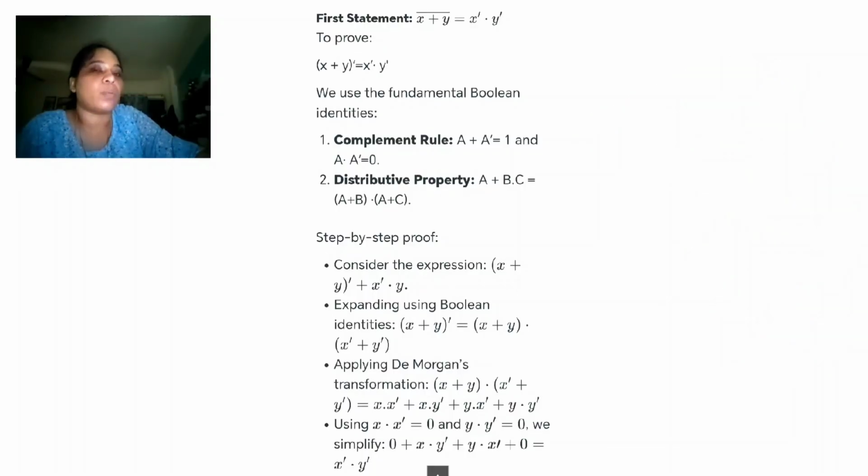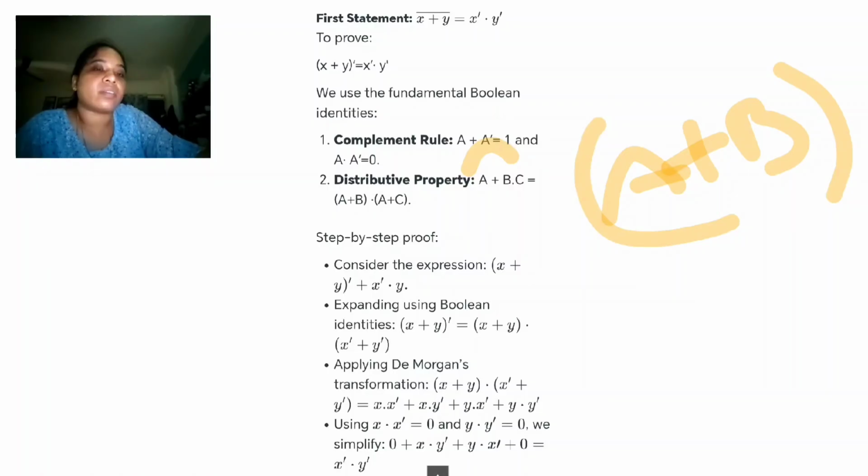Complement means we are going to change the operator. And the next one, the distributive property. Here you can see a plus b dot c. How can we make this expression? Yes, a plus b, right? That is the first expression. Next, a plus c.